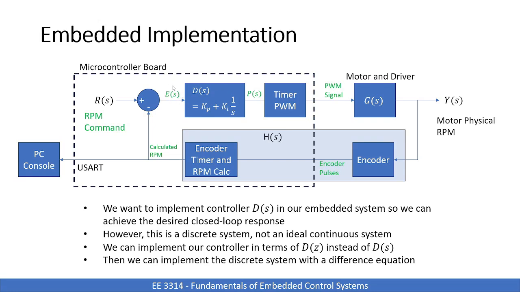So we have the error signal coming in and the controller output coming out, which is what we're calling P. You can think of it as a representation of the duty cycle, maybe between 0 and 1. Depending how you implement that in the embedded controller, that could be the pulse value. It could be a normalized value from 0 to 1, which represents pulse.